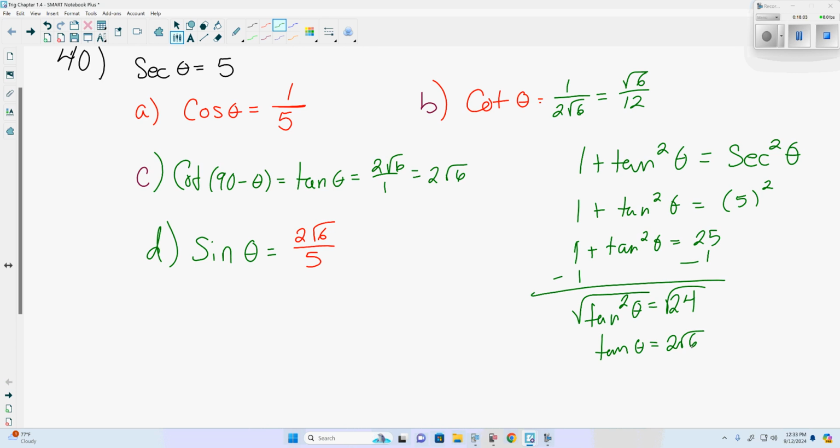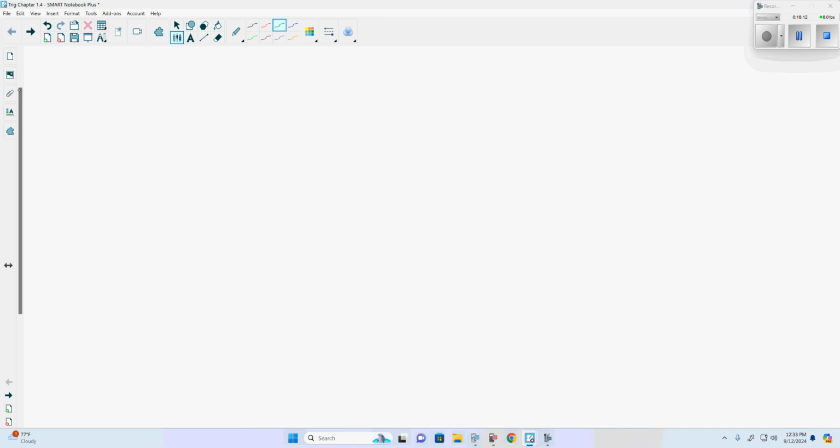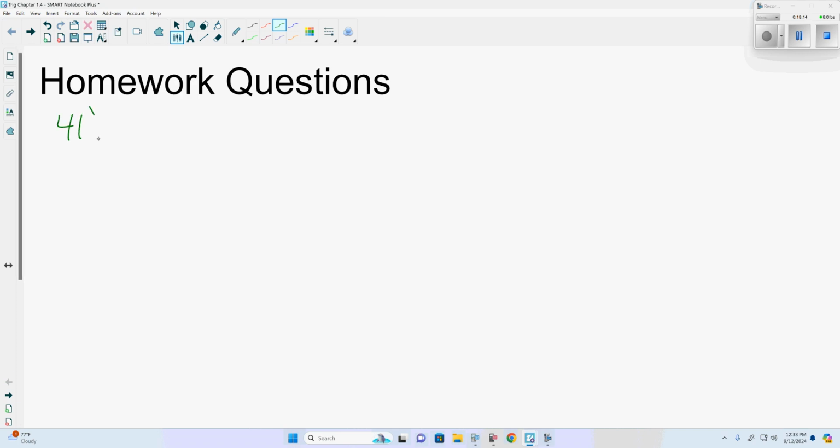We can look at another one of these if you all want. Guys, because it's 41. Cotangent of alpha is equal to 3. Is 41 on there?